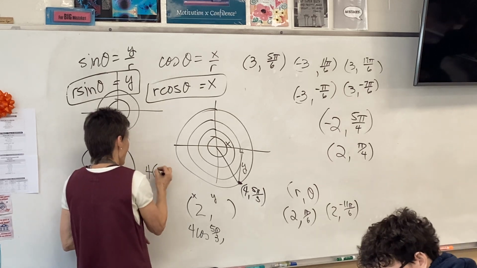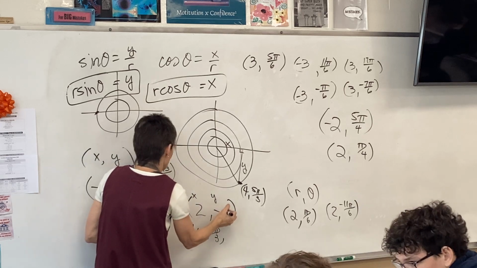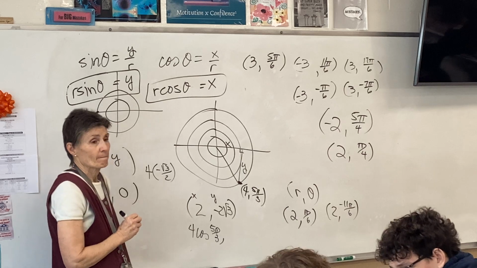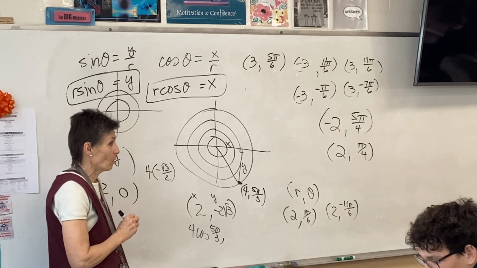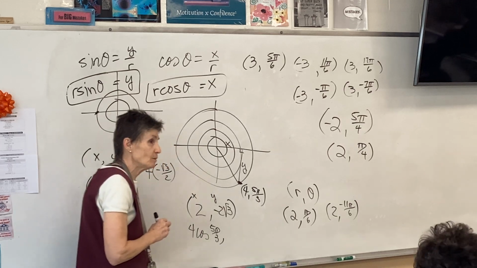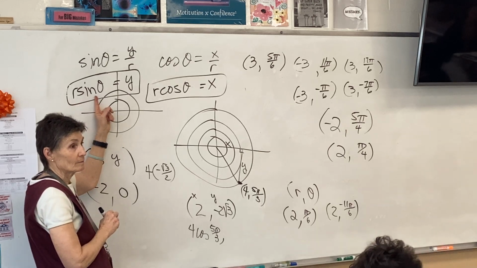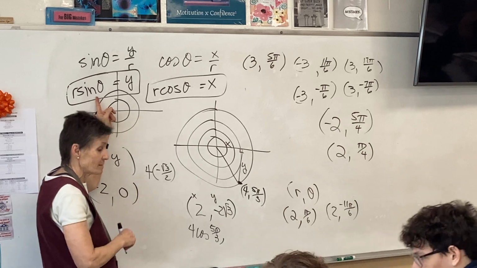So 4 times negative root 3 over 2 will be negative 2 root 3. And there are your x and y. Nicely done, Bennett. So we take our r, and our unit circle value, sine or cosine. X is cosine, y is sine.